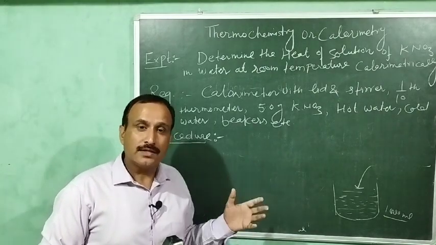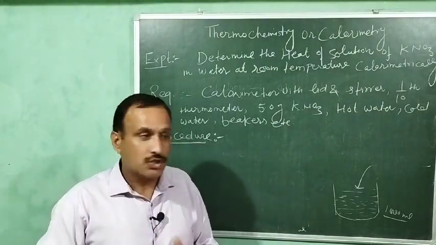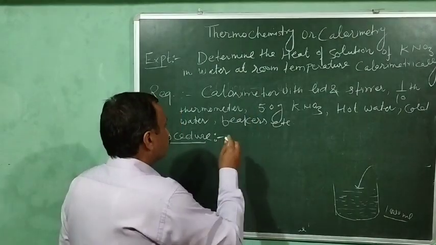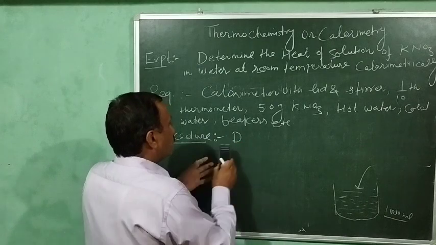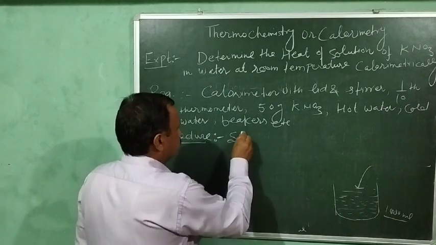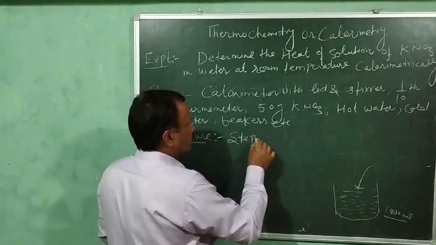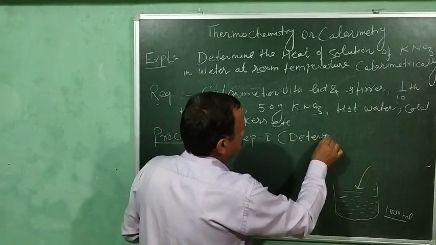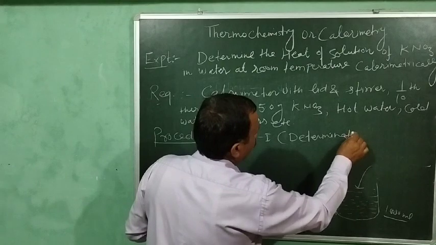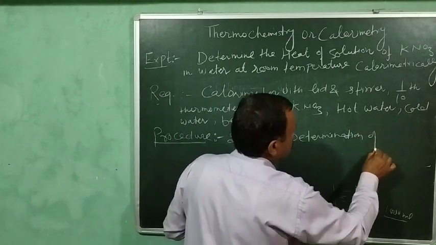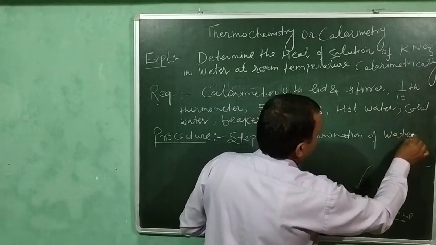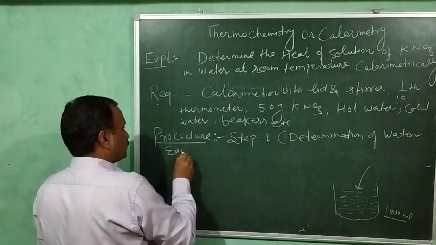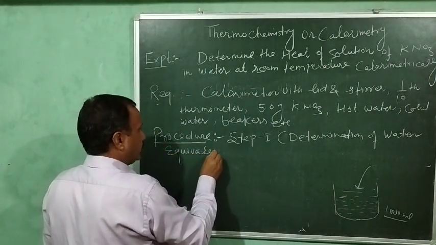So all these things are going to remain as such in this experiment also. So step number 1 is determination of water equivalent. ठीक है, और इसका प्रोसीजर सब कुछ हमने डिस्कस कर लिया है प्रीवियस वीडियो में.